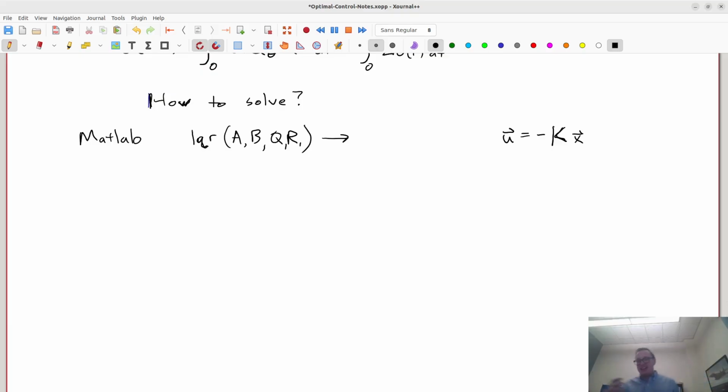Just like in our linear controls, we have the controls equal to negative a K gain matrix times the state vector x. And this is very specific to LQR. So the solution to LQR is this linear gain matrix K, and that's what MATLAB will give you.